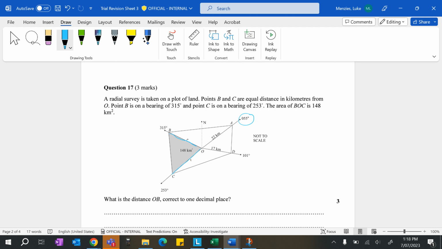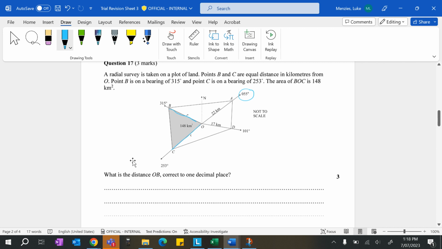Whoa, a lot going on here, and I've put this one down as an area question, but it could come under a couple of categories. The place to start is the area formula. Why? To find OB, I need these two side lengths, and once I've got the side lengths, I can use other rules to find what I need.